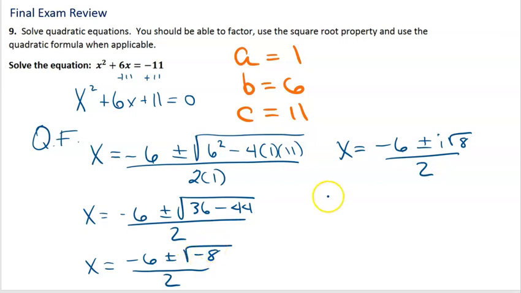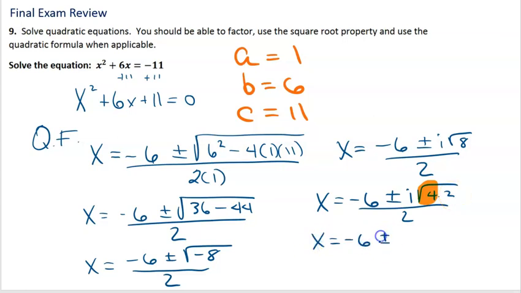But you know what? Square root of 8 can be simplified also, because you can say negative 6 plus or minus i, square root of 8 can be written as 4 times 2. And then the square root of 4, this part right here, is 2. Now the square root of the 2 part must stay underneath the square root. So that gives me negative 6 plus or minus 2i.